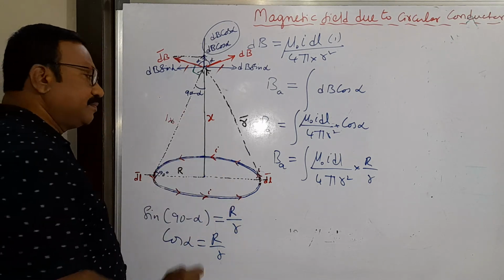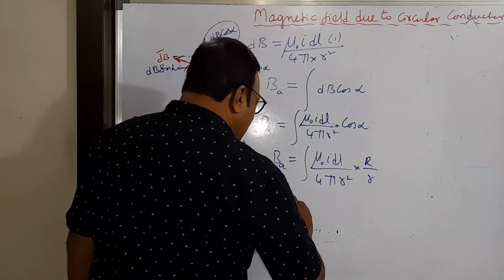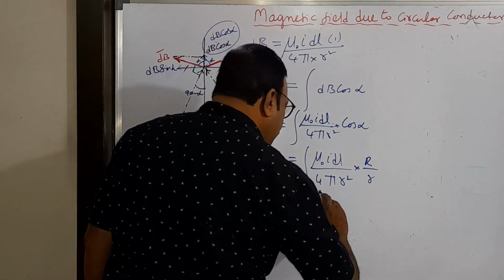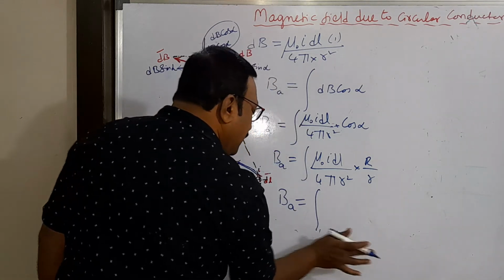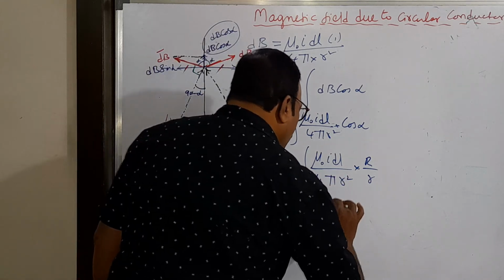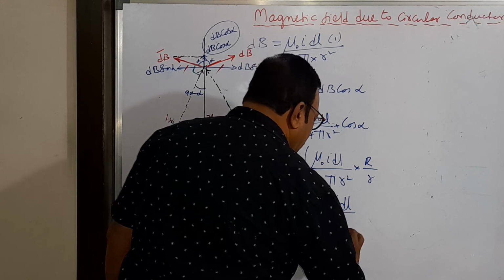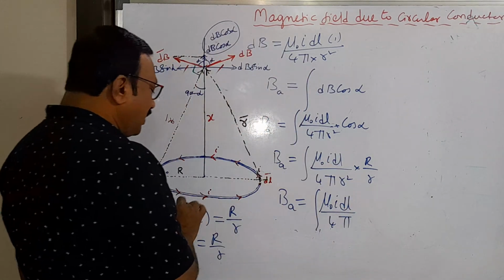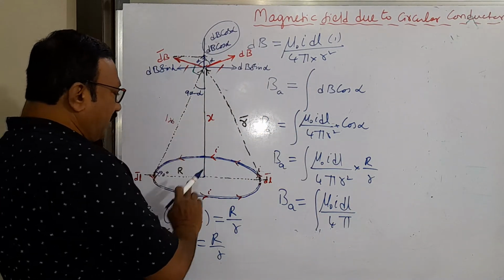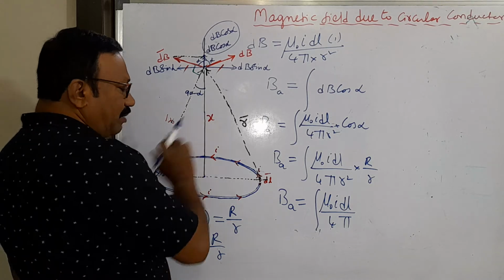So B axial is equal to the integral of mu naught I dl divided by 4 pi. R square means, as I already told, small r square is capital R square plus x square.